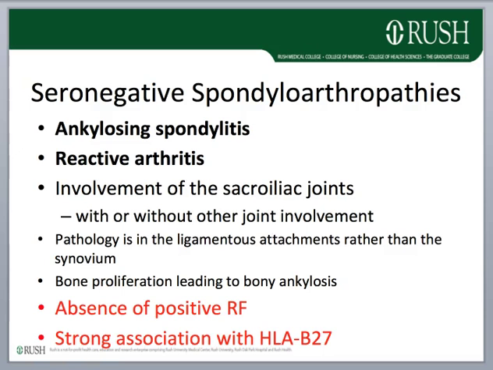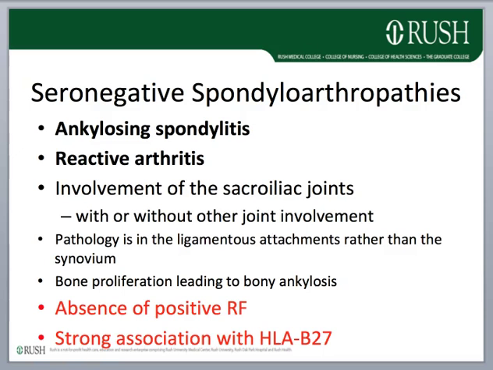As opposed to crystal-induced arthritis, the pathology in seronegative spondyloarthropathies is in the ligamentous attachments rather than in the synovium. Eventually, this inflammatory process leads to bone proliferation, which in turn leads to bony ankylosis.